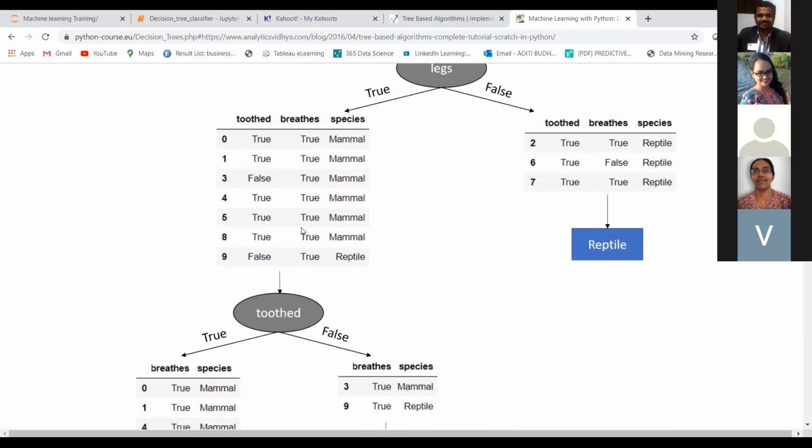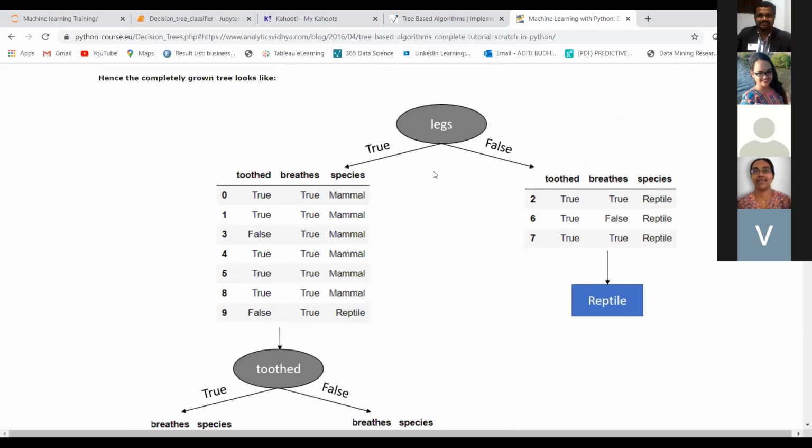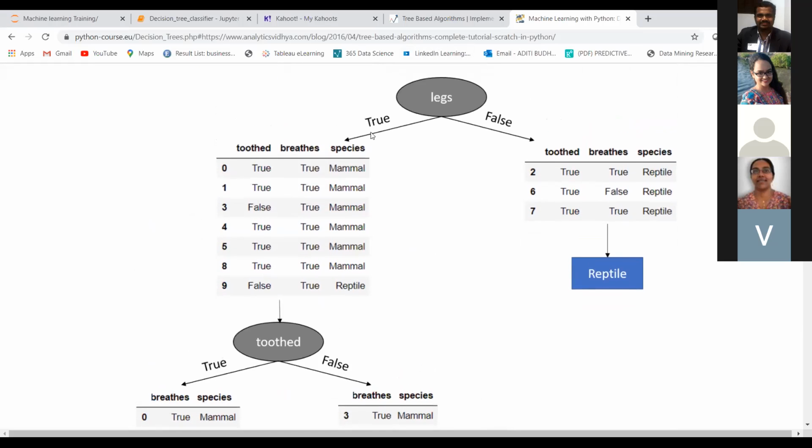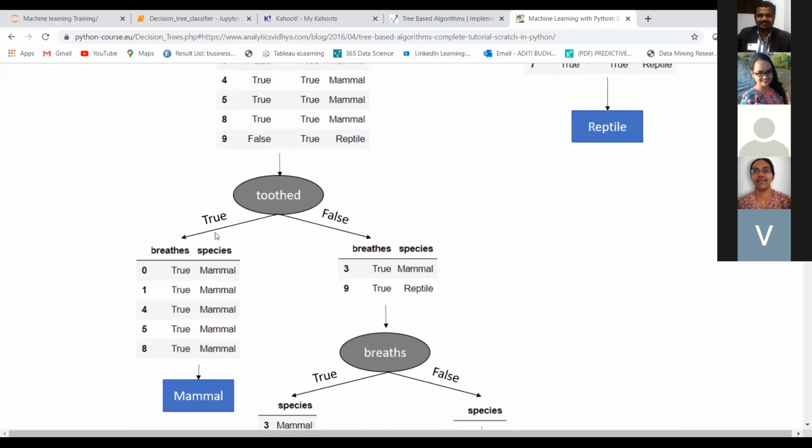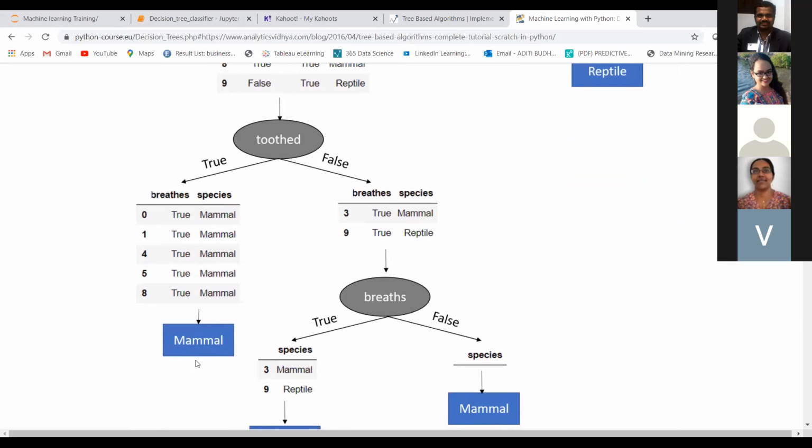So any new data point that is coming to our model, it will first check if that animal is having legs, and if it is having legs, then it will check if that animal is having teeth or not. If it is having teeth also, then it will classify it as mammal.